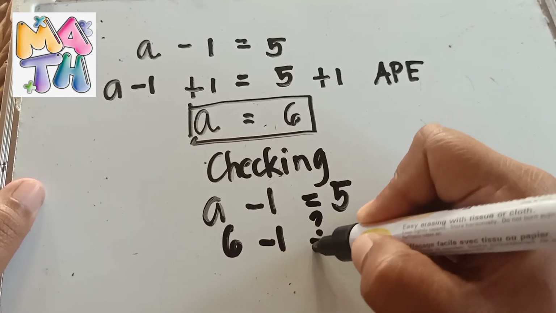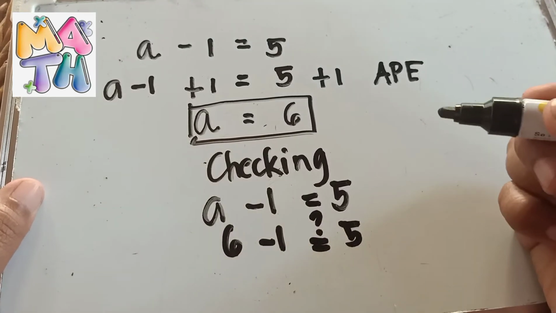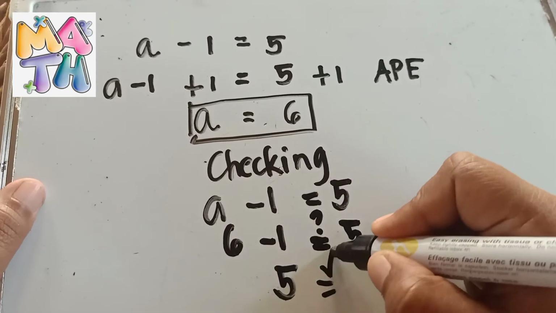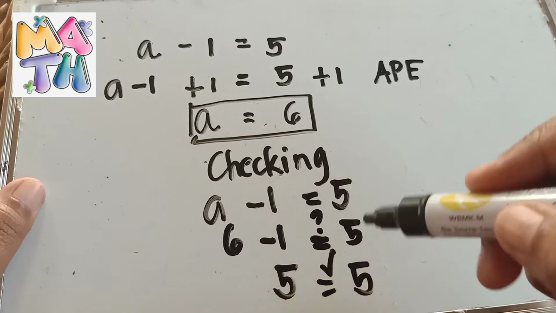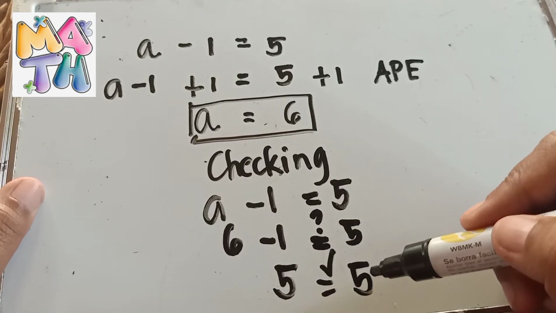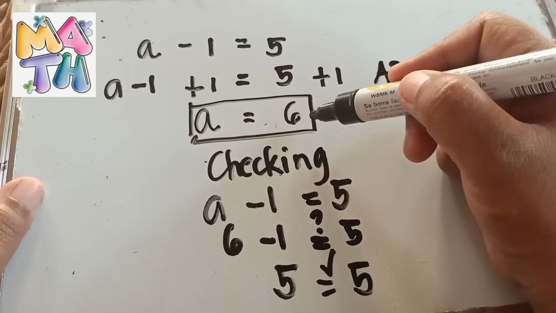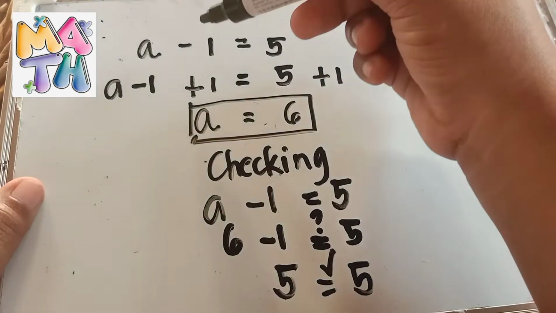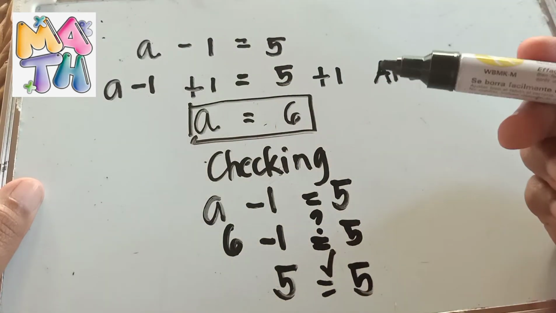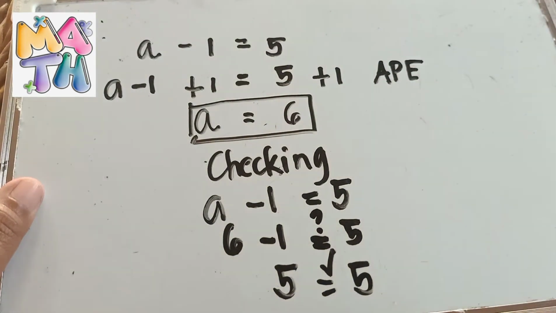Is it really equal to 5? 6 minus 1 is 5, which is really equal to 5. Since both sides of the equation are equal, we can say that 6 is the value of A that would make A minus 1 equals 5 a true statement.